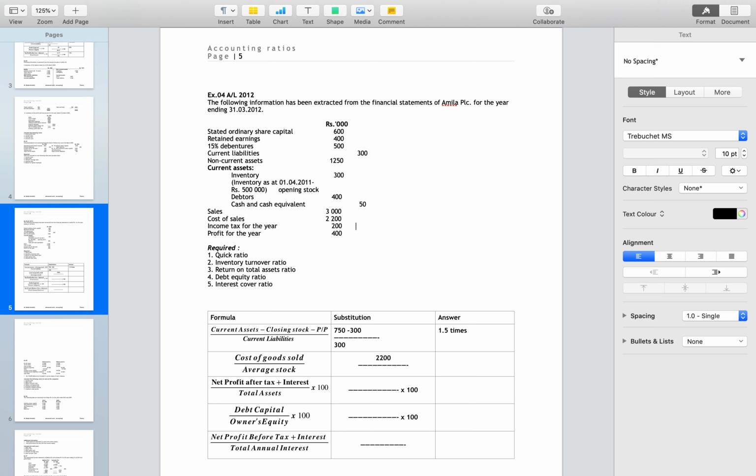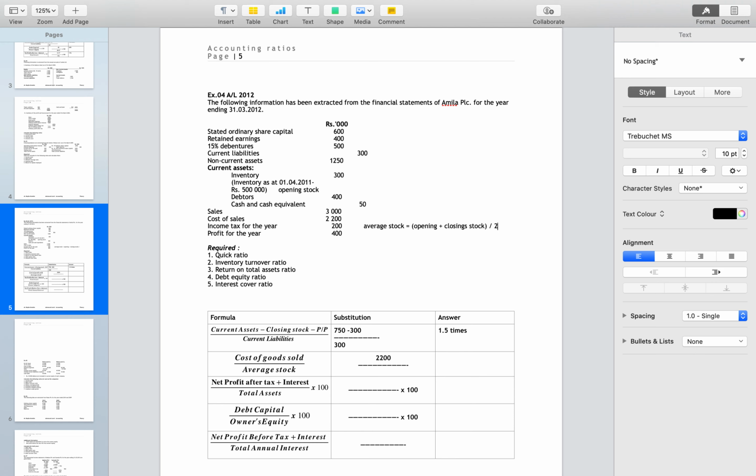Now remember, in accounting, if they want you to calculate average stock, what you should be doing is, number 1, you get your opening stock plus your closing stock, and you divide the whole thing by 2.